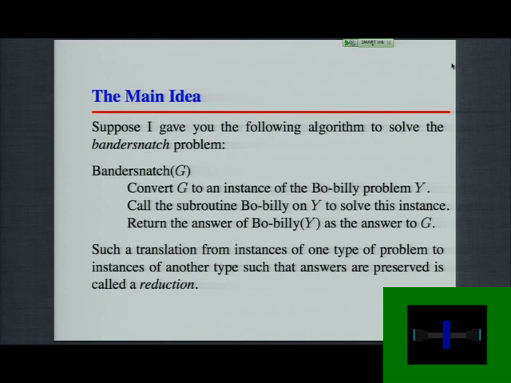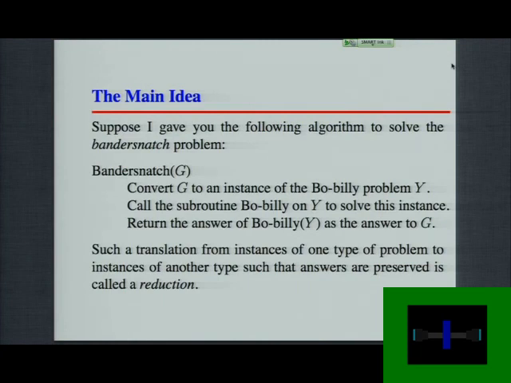Any questions? Yes? That's only if G maps to Y. Well, for the Bandersnatch algorithm to be correct, I have to give you a translation of the input of G to the input of Y so that the answers on the resulting problems are the same. If I can't give you that translation, I don't have an algorithm here, right?